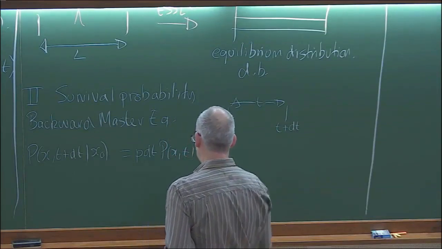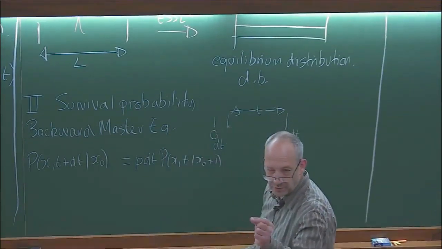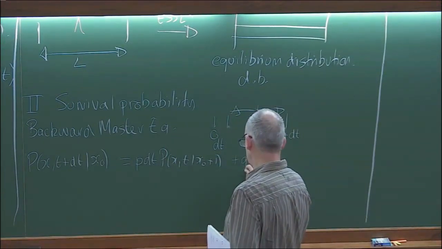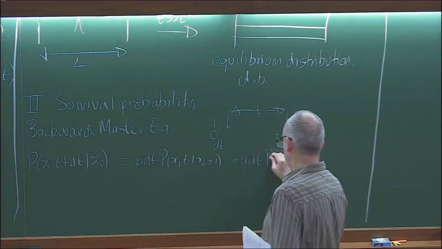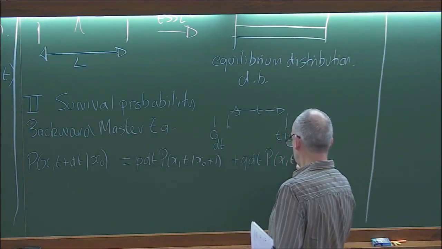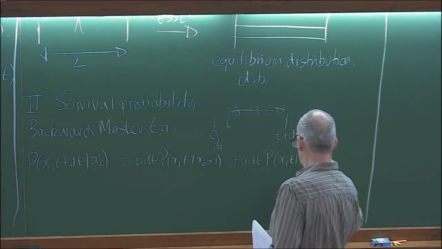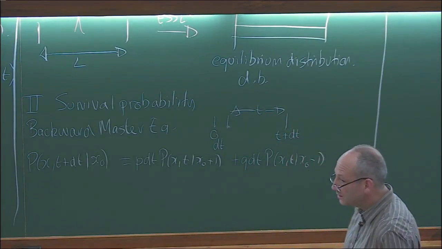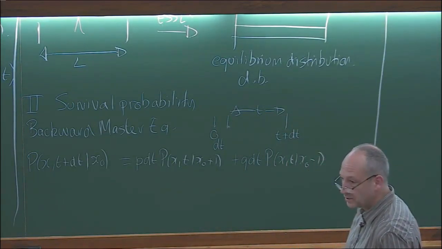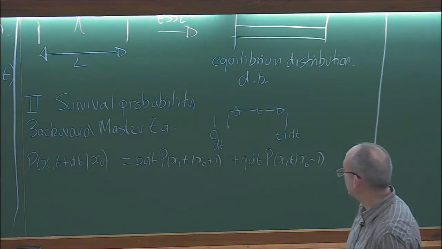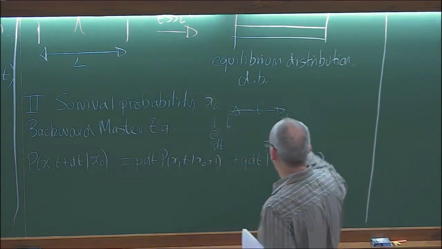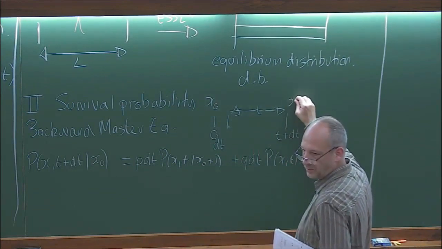And similarly, if in the first time interval it moved to the left, sorry, it's the initial position. Yes, okay, at time 0, we're at x naught. And then here, I want to be at x.